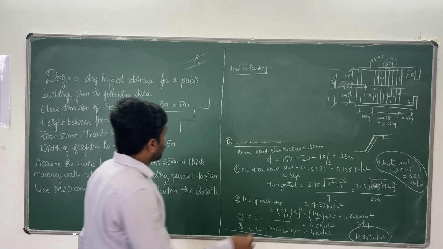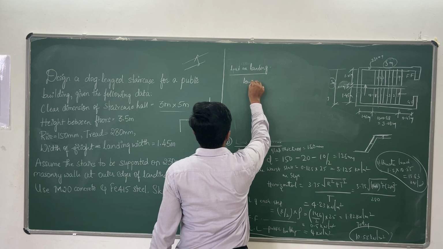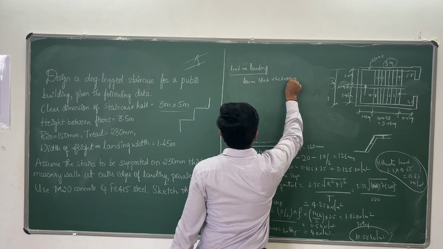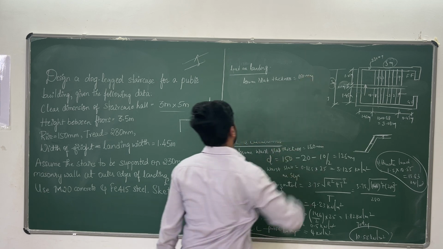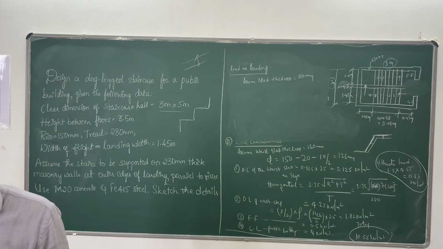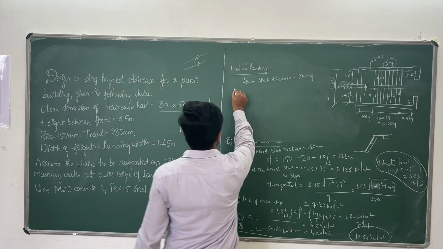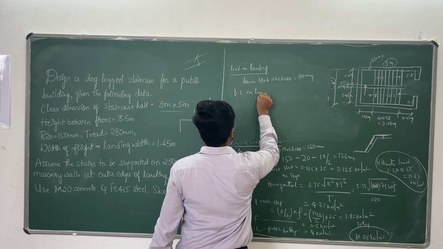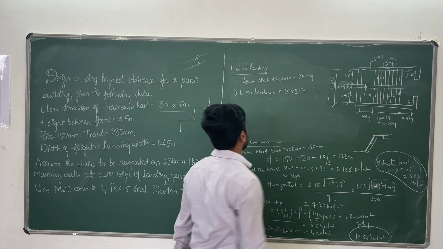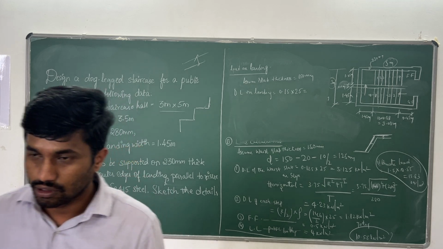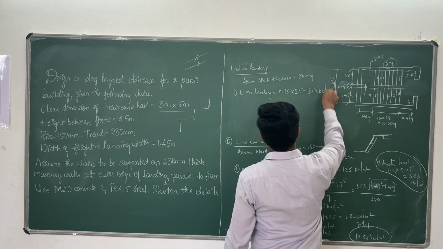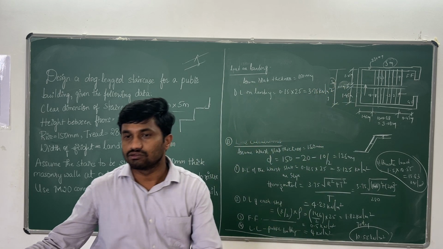So dead load on landing is 0.15 multiplied by density, 0.15 into 25, 3.75 kilonewton per meter square.